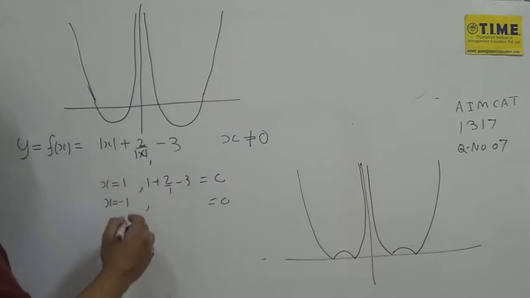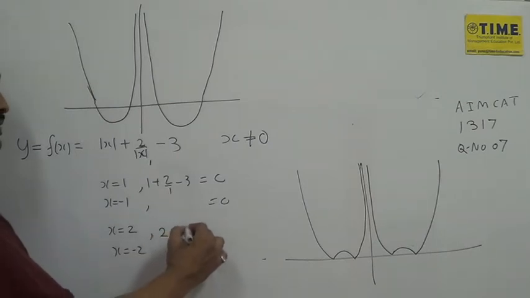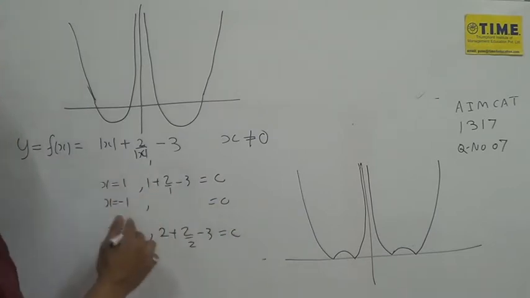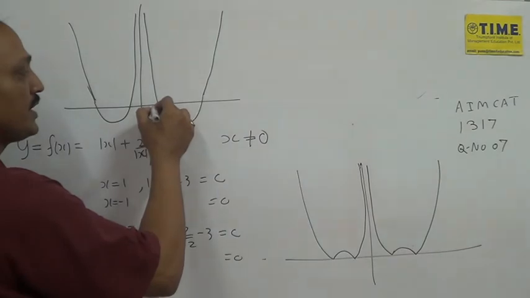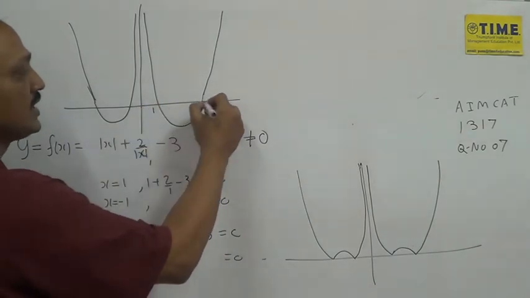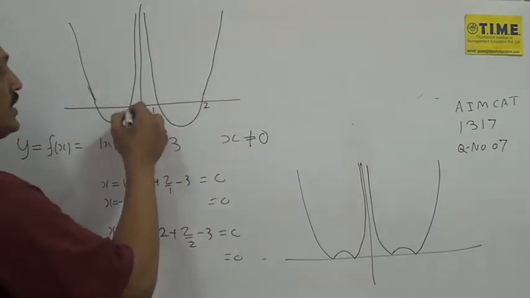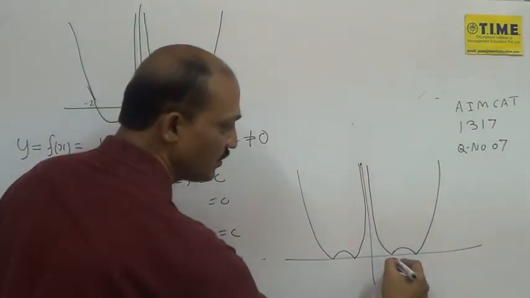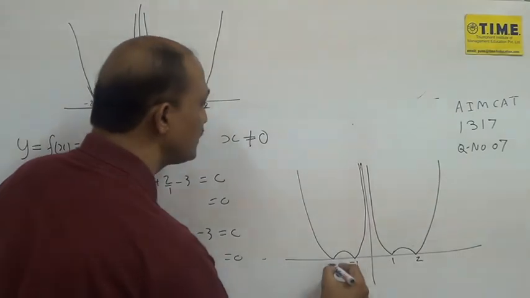And again, by simple trial and error, you can check that for x equal to 2, and obviously for x equal to -2, I can just substitute 2 plus 2 by 2 minus 3, again y becomes 0, which means that this point is 1 comma 0, this point is 2 comma 0, this point is -1 comma 0, this point is -2 comma 0. Similarly it goes here, maybe this point is 1 comma 0, 2 comma 0, -1 comma 0, and -2 comma 0.